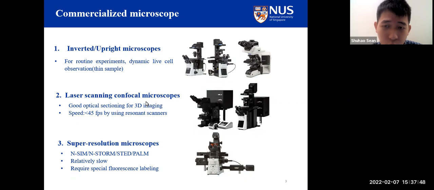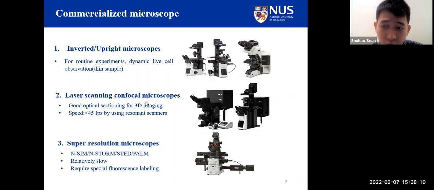But sometimes if we want to do 3D imaging with optical sectioning, a laser scan confocal microscope will be a good choice. However, its imaging speed is usually limited by the point scan mechanism. It cannot observe very fast biological dynamics.